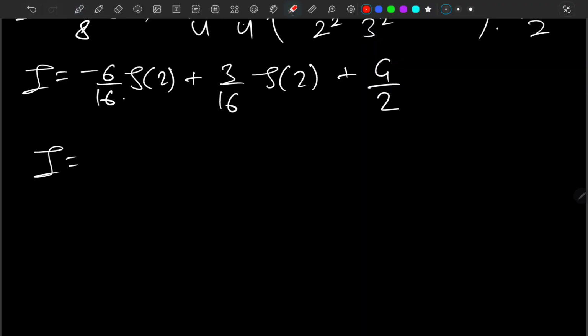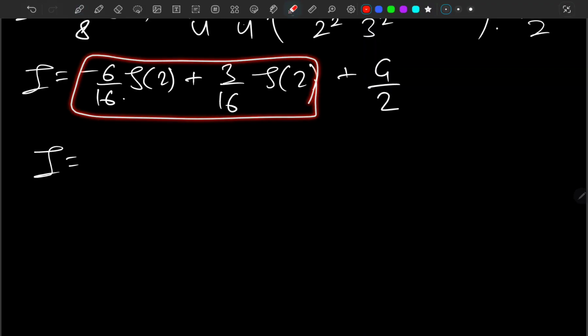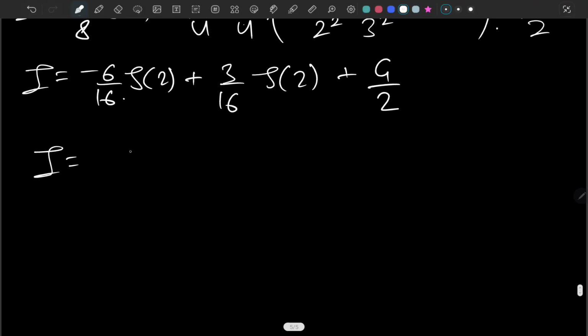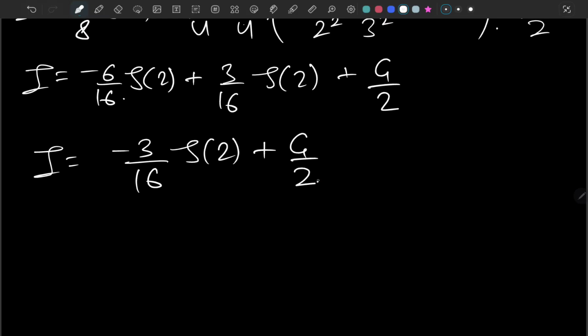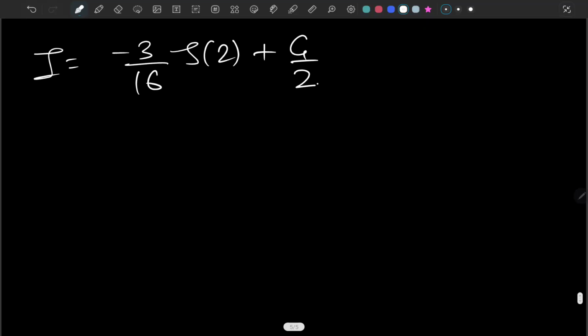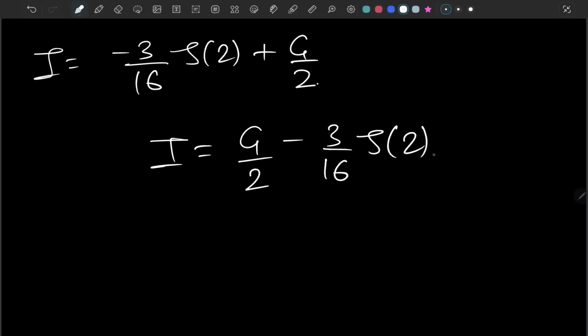Actually we can just combine these two things because the denominator is the same. So we're going to have negative 3 over 8, negative 3 over 16 times Riemann Zeta of 2 plus g over 2. And hence we are here with our final result that I evaluates to g over 2 minus 3 over 16 Riemann Zeta of 2.